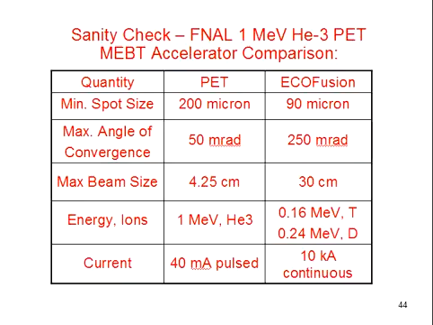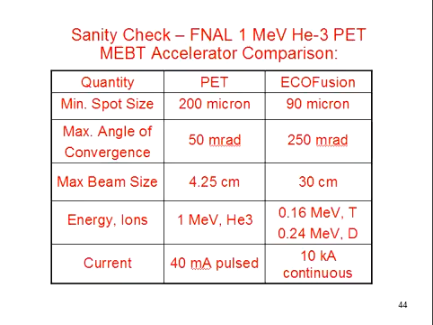This table presents a comparison between the ECOFusion design and the Fermilab PET experiment. The PET accelerator had a 200 micron minimum beam size. In ECOFusion, we expect to have a 90 micron beam spot size. The maximum angle of convergence in the PET accelerator was 50 milliradians. In ECOFusion, we pushed that a little bit more and designed in a 250 milliradian convergence angle.